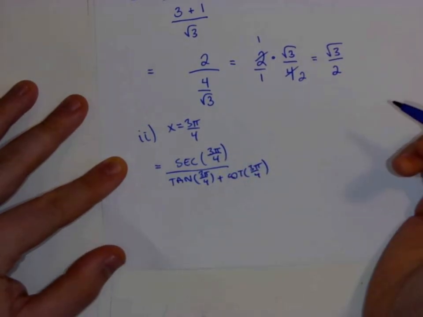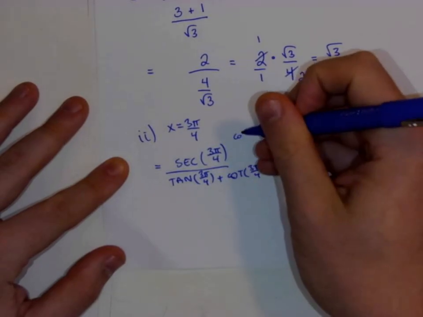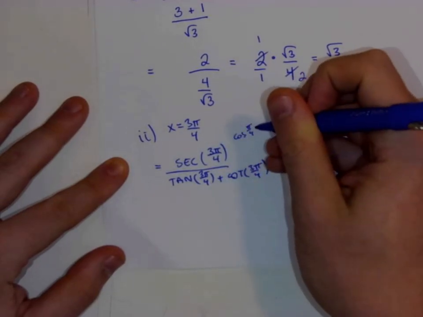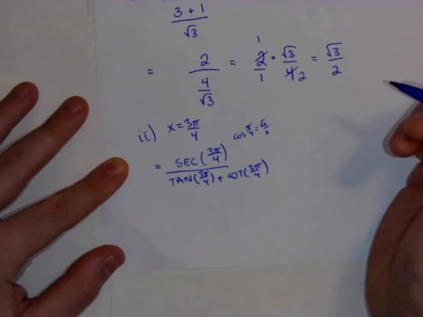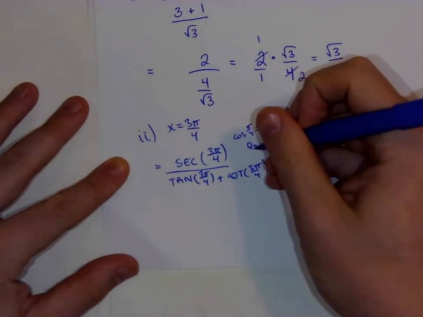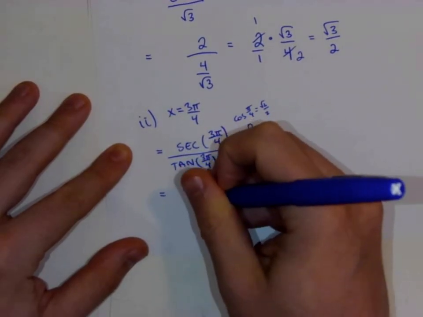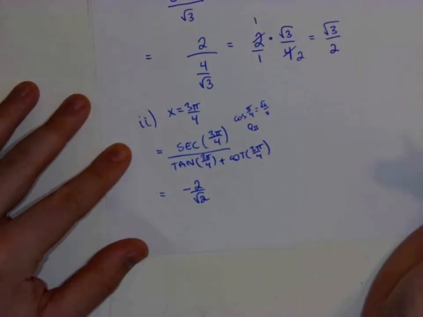So from our exact value table, pi over 4 for cosine is equal to root 2 over 2. And we're in quadrant 2.